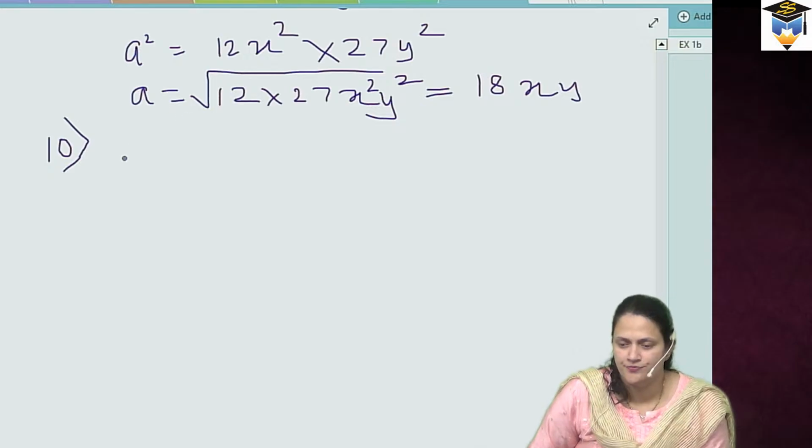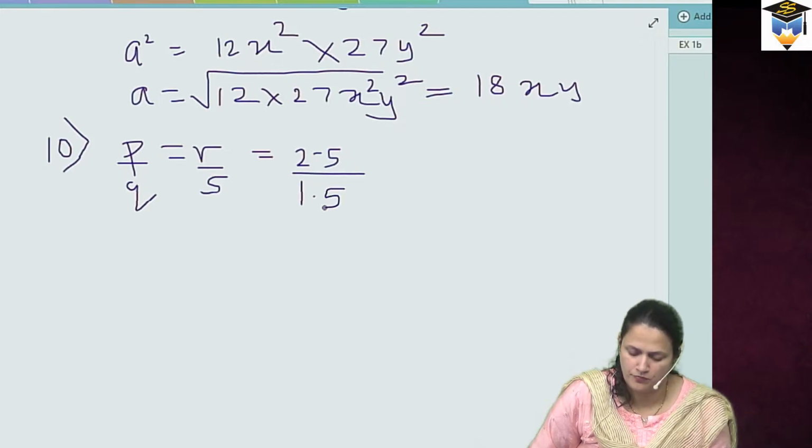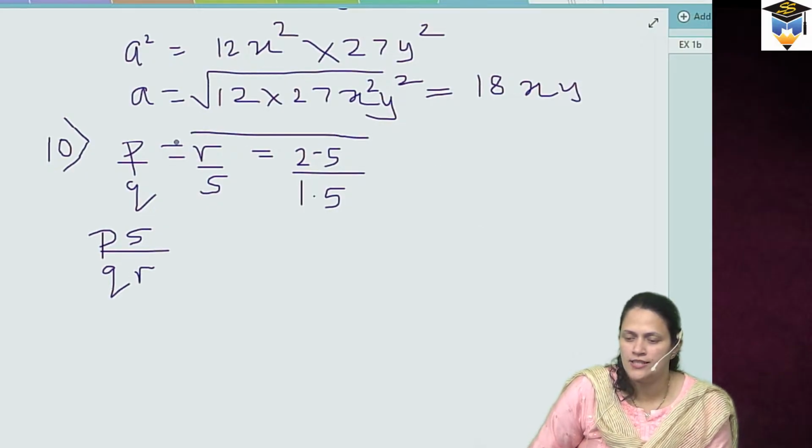P upon Q is equal to R upon S. And we have to find out the value of PS upon QR. So first this is given to us.